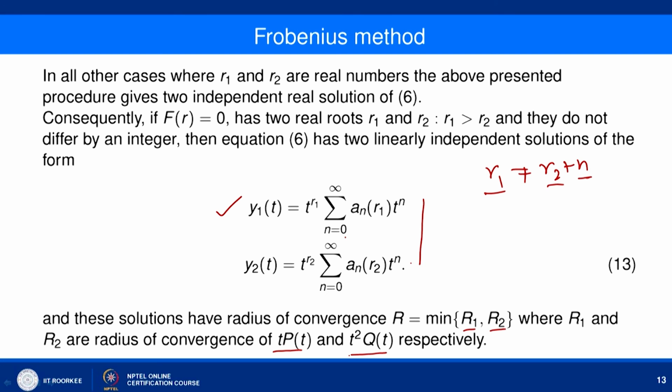This series solution is valid in a region having radius of convergence R, the minimum of R1 and R2, where R1 and R2 are the radii of convergence of tp(t) and t squared q(t) respectively. So, in this case the Frobenius series solution method is guaranteed to give two solutions.